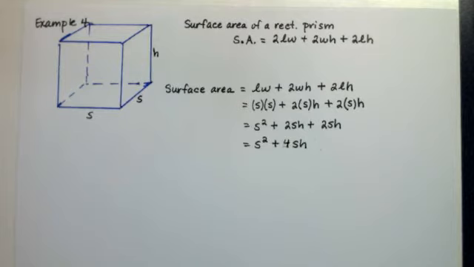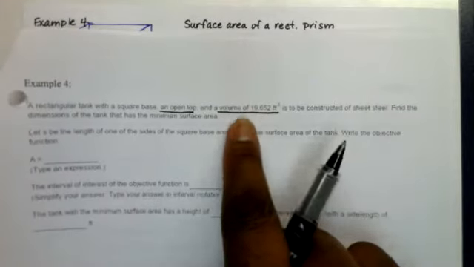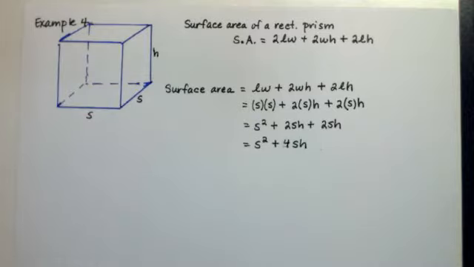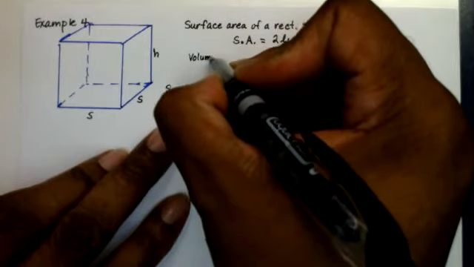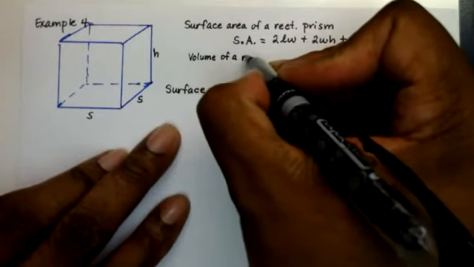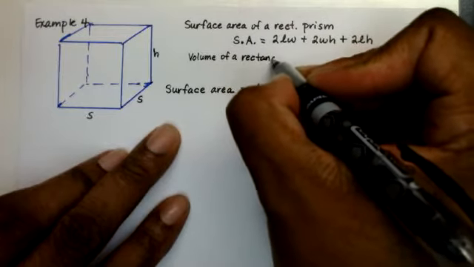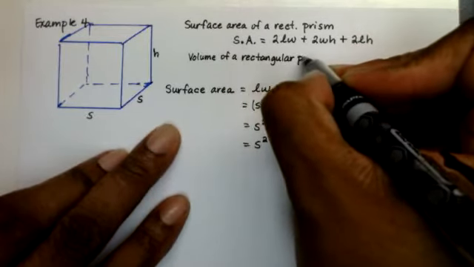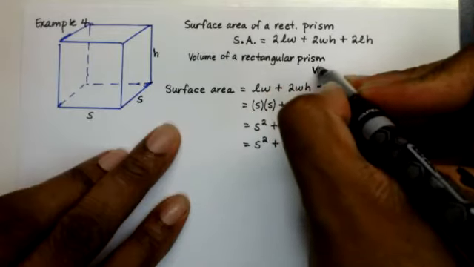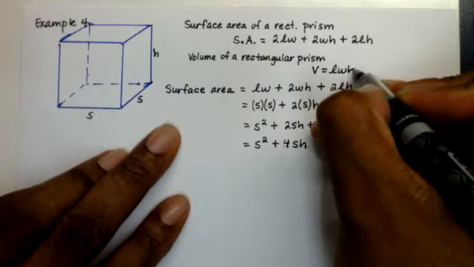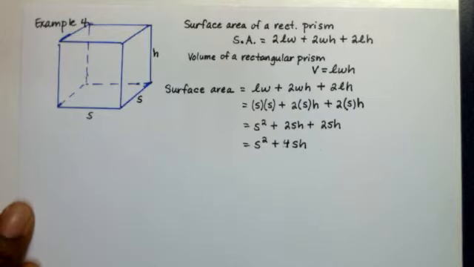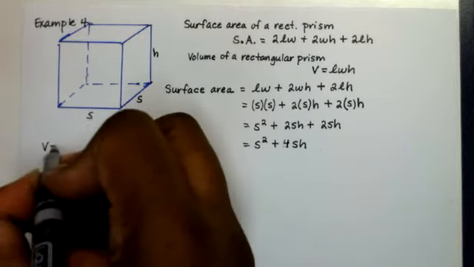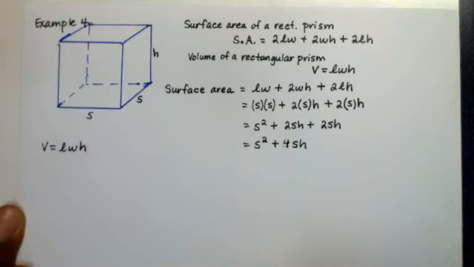Okay, now we're also given something else in that problem, the volume of that rectangular tank. There's another formula that we should be familiar with, the volume of a rectangular prism. V is equal to length times the width times the height.